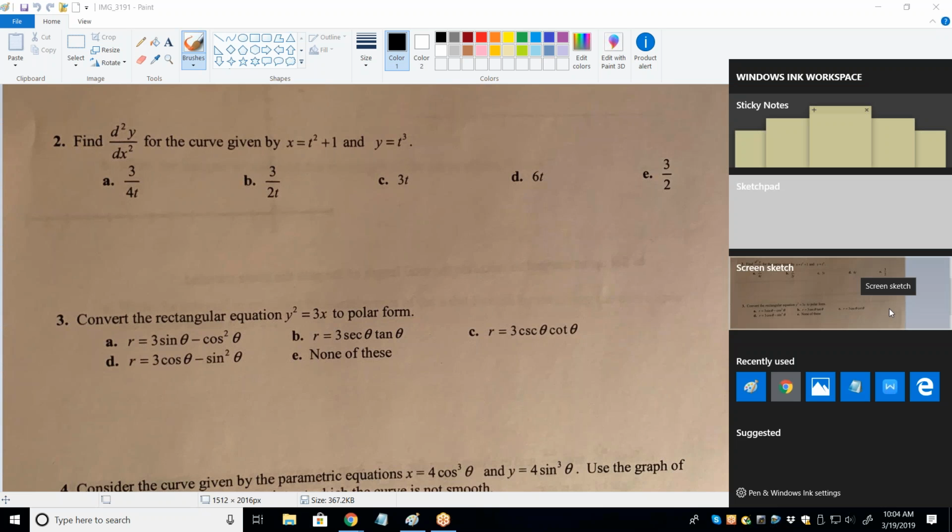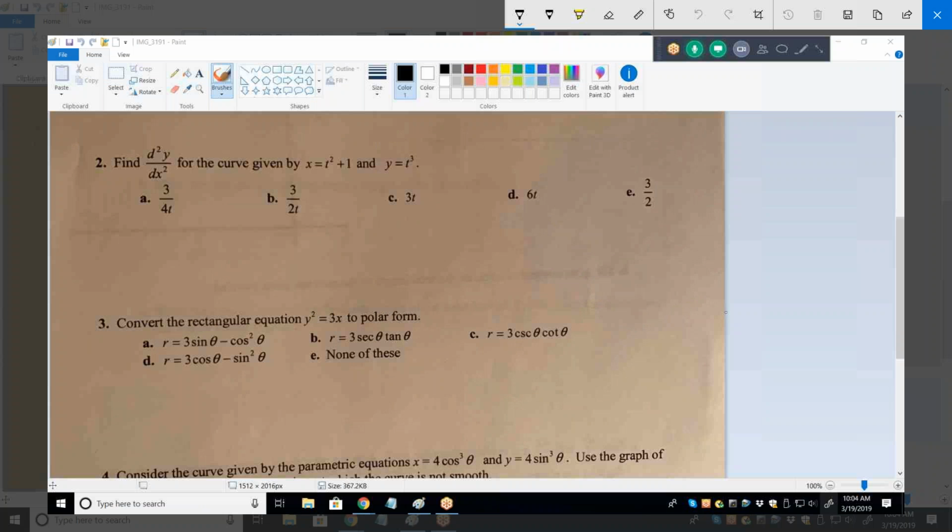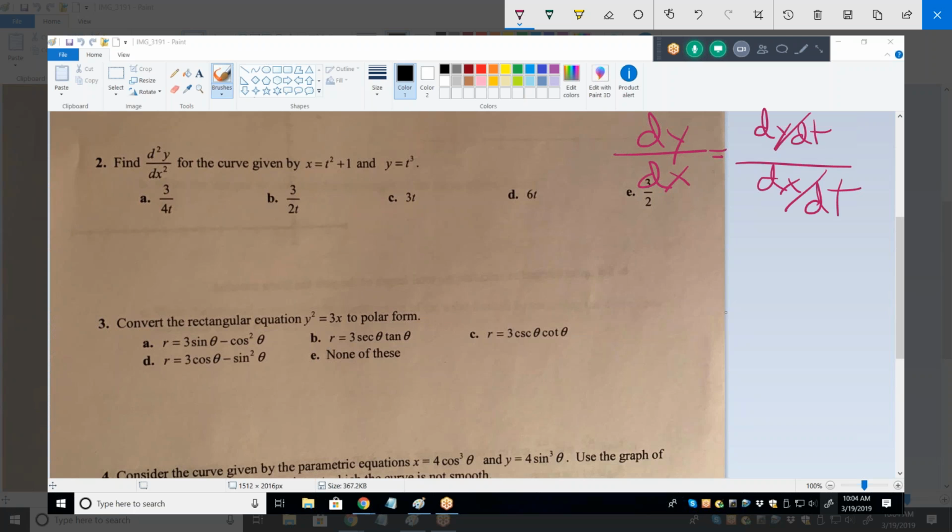Now, probably the most important thing you need to know about parametric equations is the following. dy dx is equal to dy dt divided by dx dt. Okay.